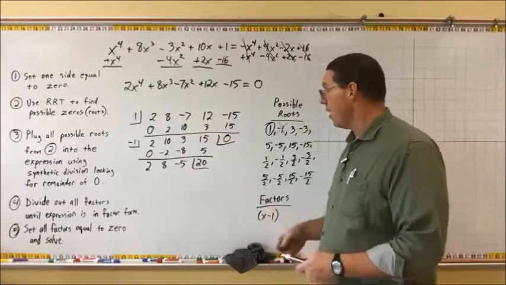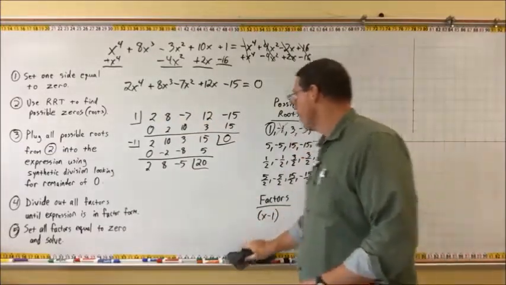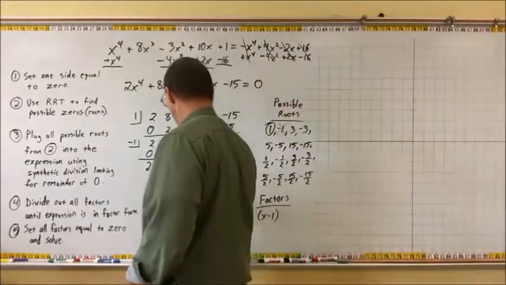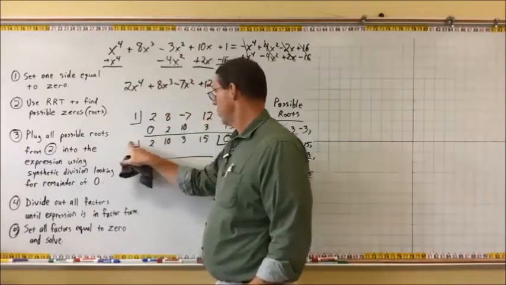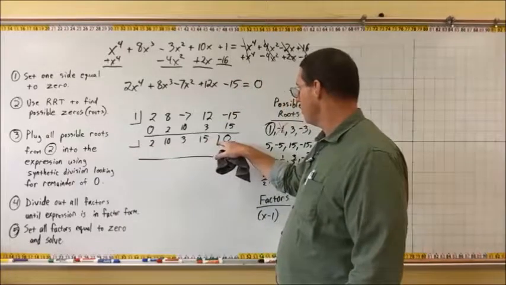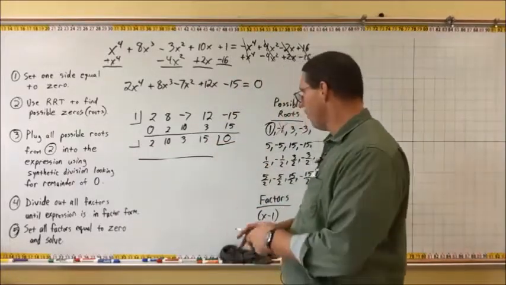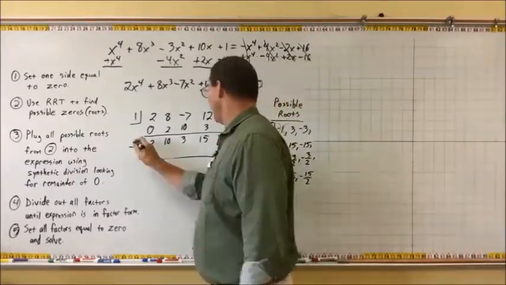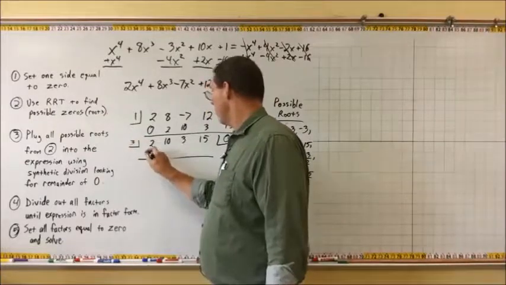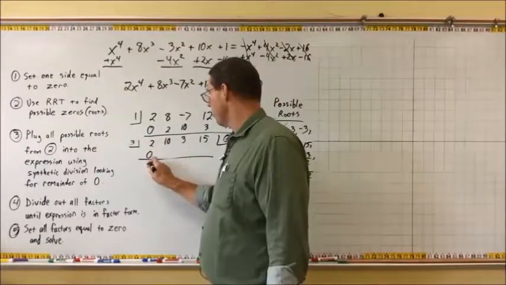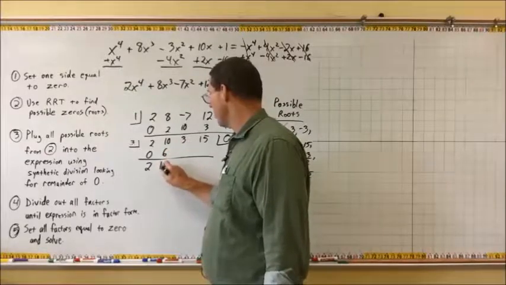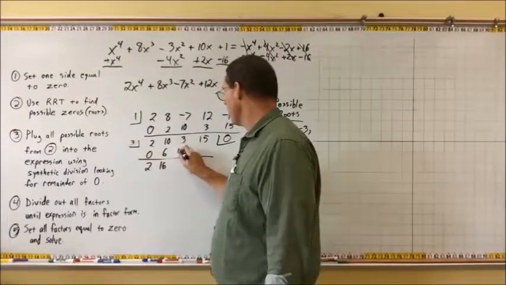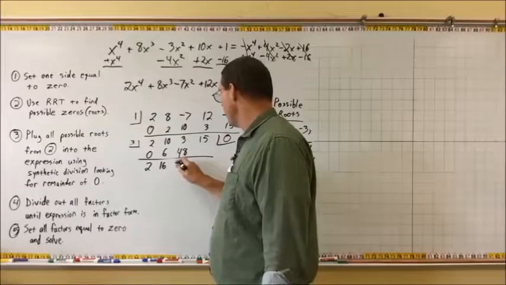Okay? So now we're going to go on to 3. All right. Get rid of this. Get rid of this. Get rid of this. We're going to use these 4 numbers because we've already broken it down with one factor, and we're going to put a 3 in. I'm going to put a 0 here. 2 plus 0 is 2. 2 times 3 is 6. 6 plus 10 is 16. 16 times 3 is 48. 48 plus 3 is 51.